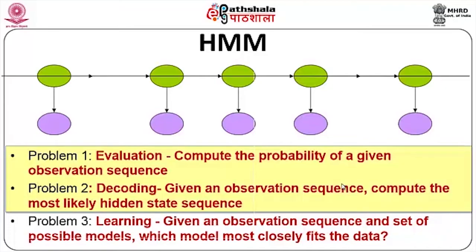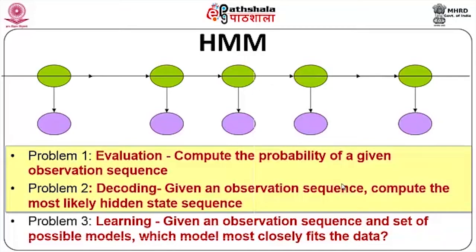And given that sentence, the man eats the carrot, what is the probability that the is determiner, man is noun, eats is verb, the is determiner, carrot is noun? So, what is the probability that this is the most likely hidden state sequence? I have told the correct one, but we have to find that out. So, that is the decoding problem. So, the tagging problem is actually the decoding problem.